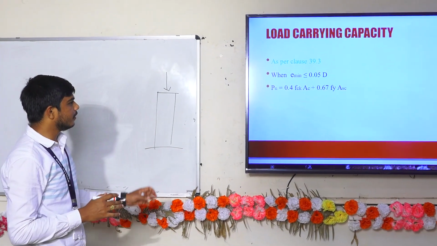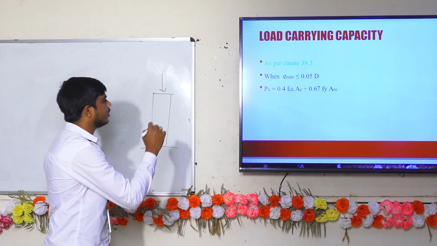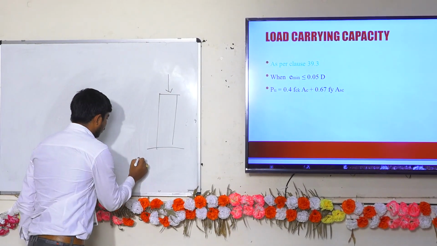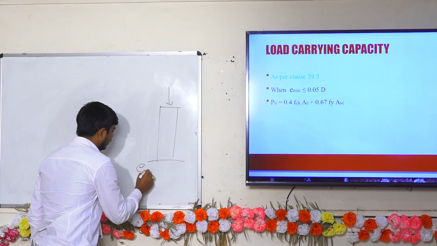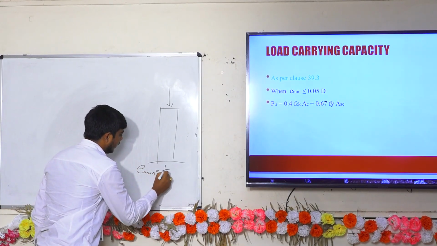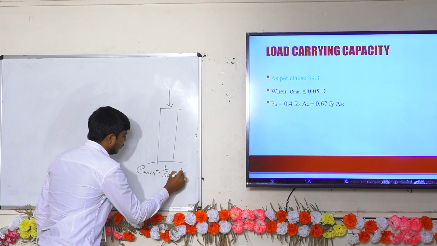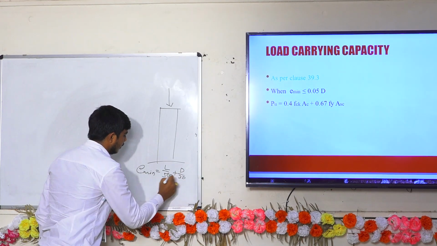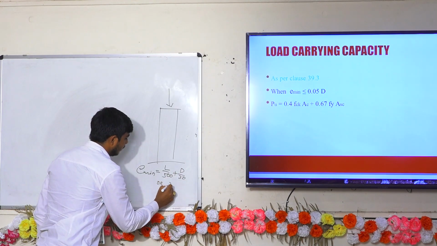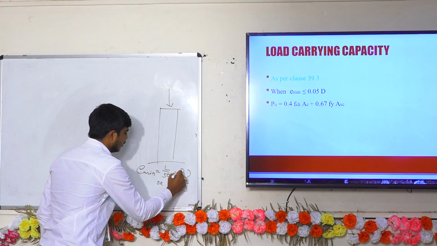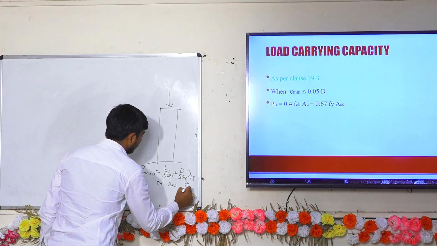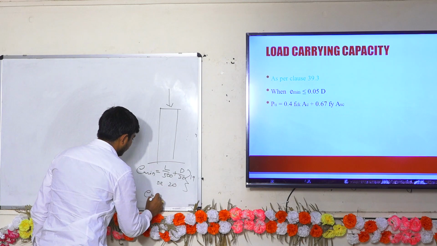From that we will compare with 0.05 D. Suppose this value comes 19 and this is 20. So E minimum will be 20.